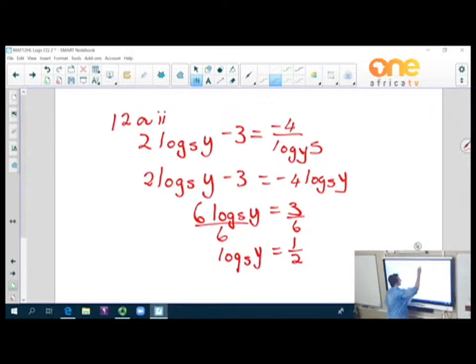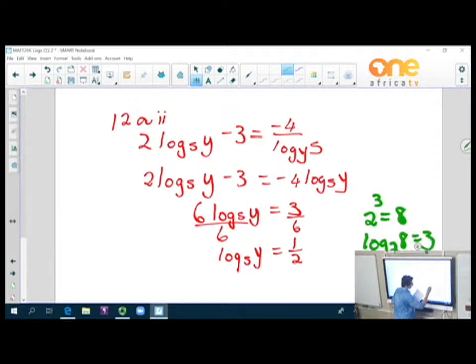Now again, let's go back to our rule. 2 to the power of 3 is 8. Log base 2 of 8 is 3. This is what we're going to use. Every time go back to that one. So I want y. So if I unlog this one, then I can say that y is equal to 5 to the power of a half.